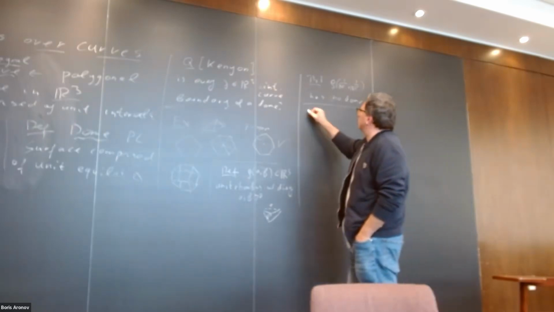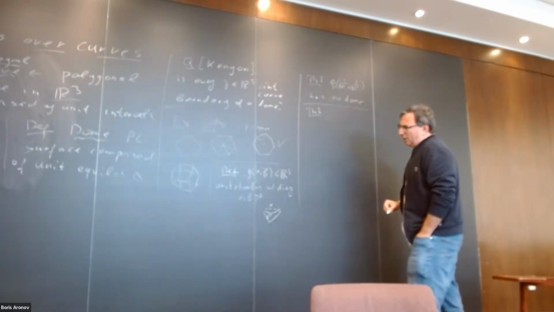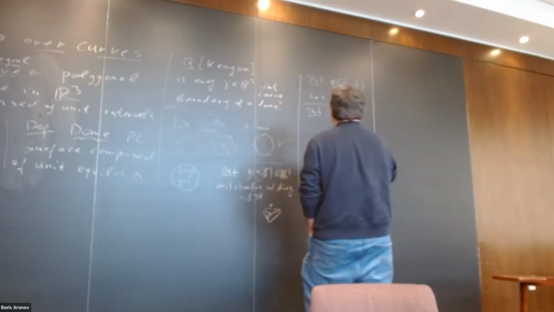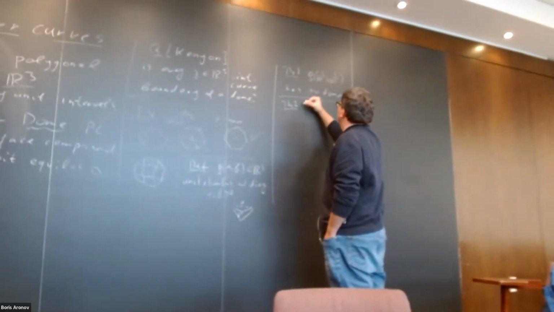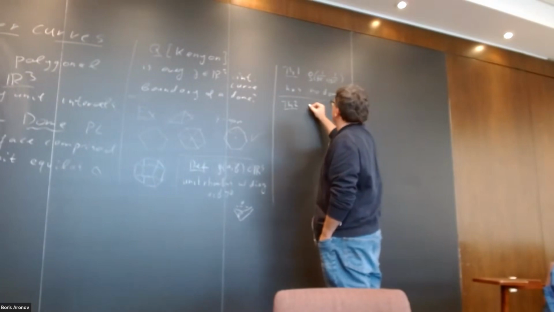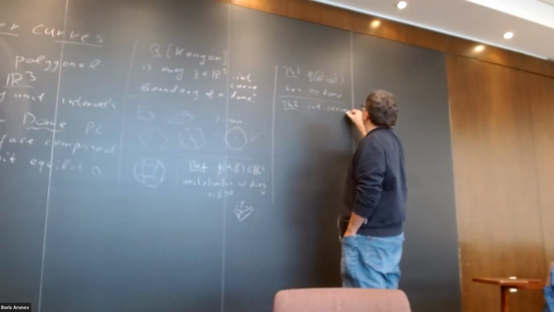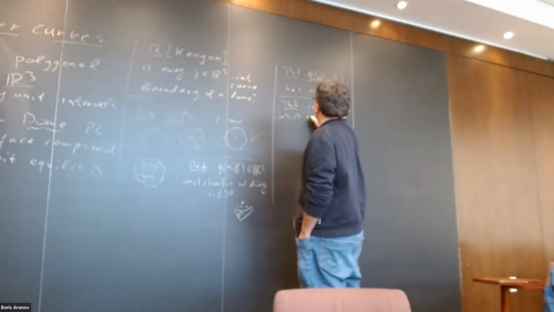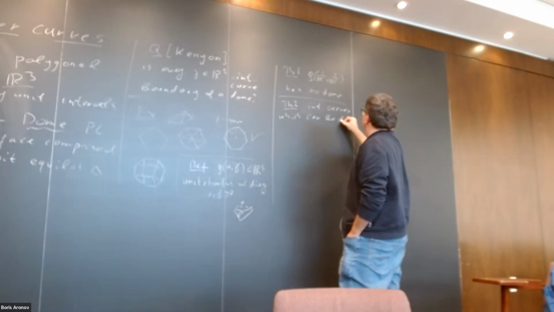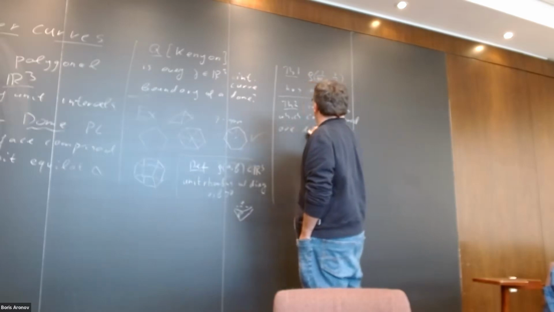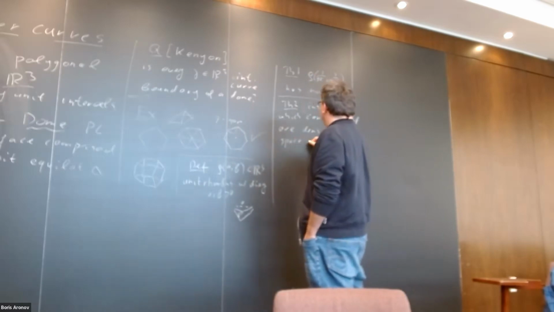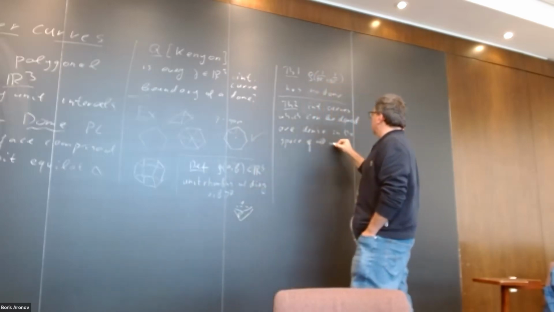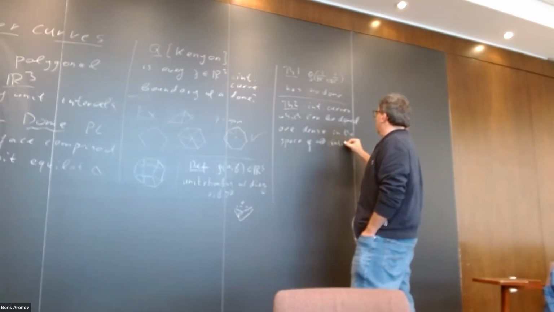So that's theorem 1. Theorem 2: integral curves which can be done are dense in the space of all curves, all integral curves.